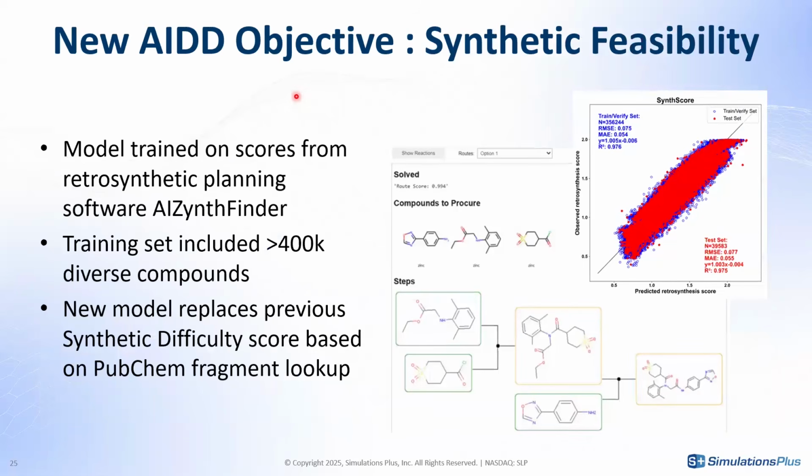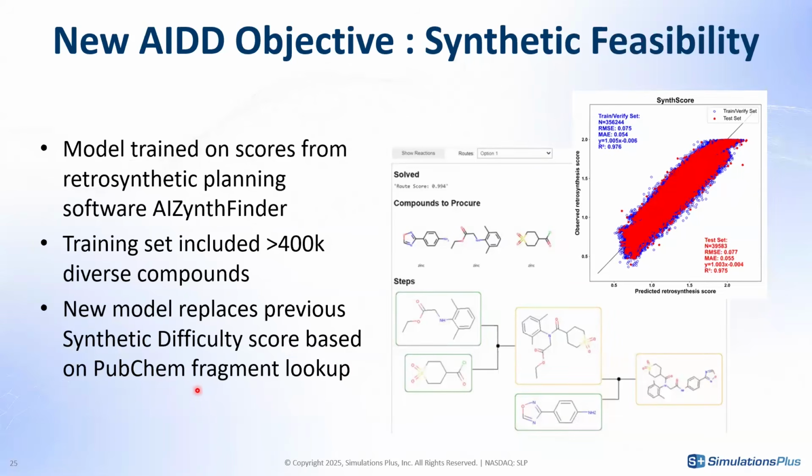Another AIDD objective is synthetic feasibility. So here we trained a model using scores from the retrosynthetic planning software called AiZynthFinder. The training set included more than 400,000 diverse compounds. This is the final model. This replaces a previous synthetic difficulty score that we had implemented based on the old Peter Ertl paper.